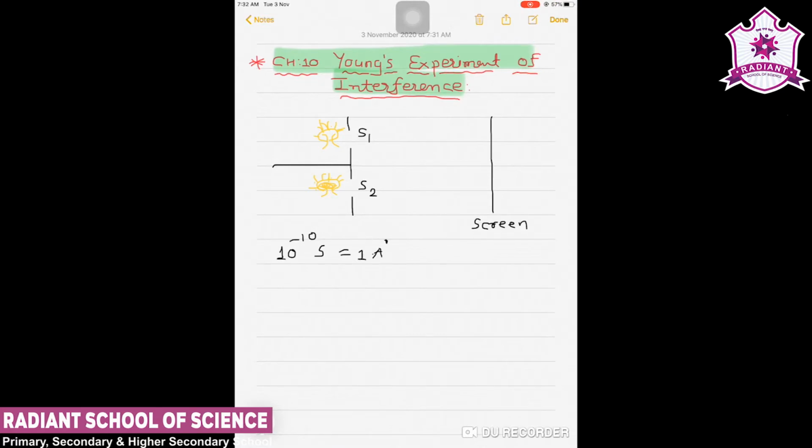Thus the light waves coming out from two independent sources will not have any fixed phase relationship and would be incoherent. When this happens, as discussed previously, the intensities on the screen will just add up.